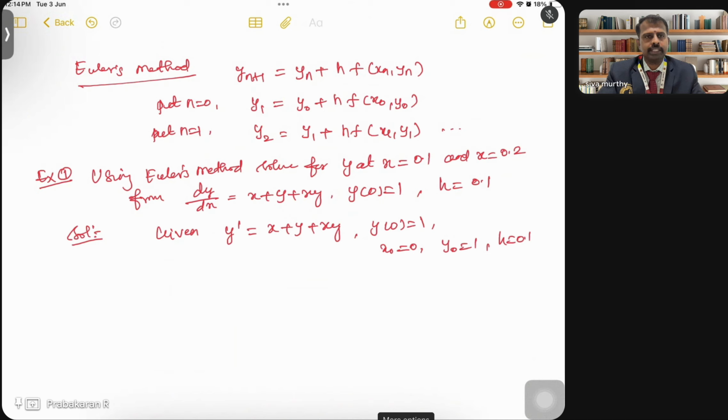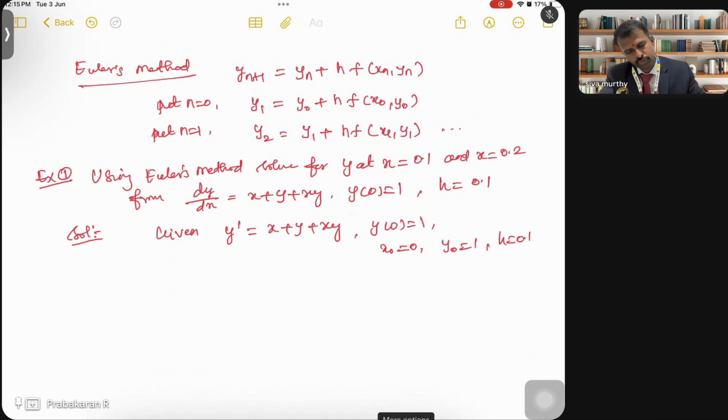So here they are given 0.1 and 0.2, so h = 0.2 minus 0.1, then we get h = 0.1, right? So the initial values are x0 = 0 and y0 = 1, then h = 0.1. I hope everyone understands this particular problem.